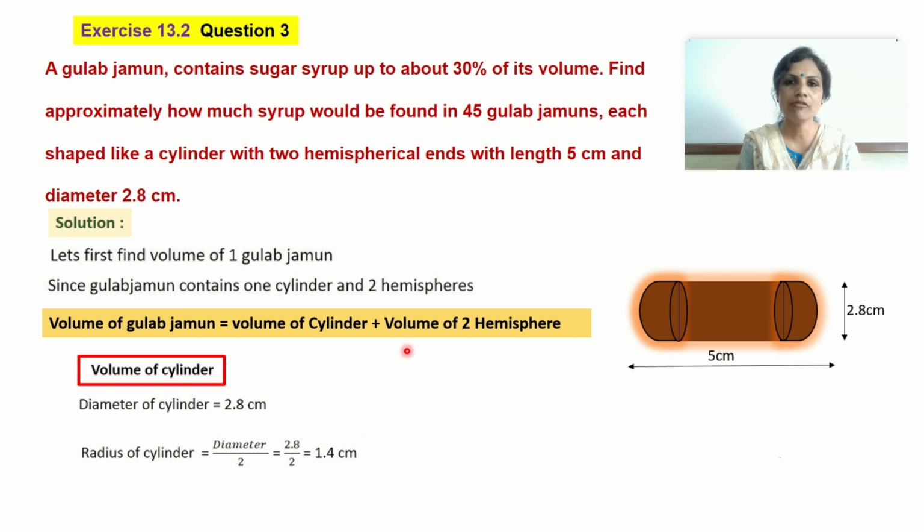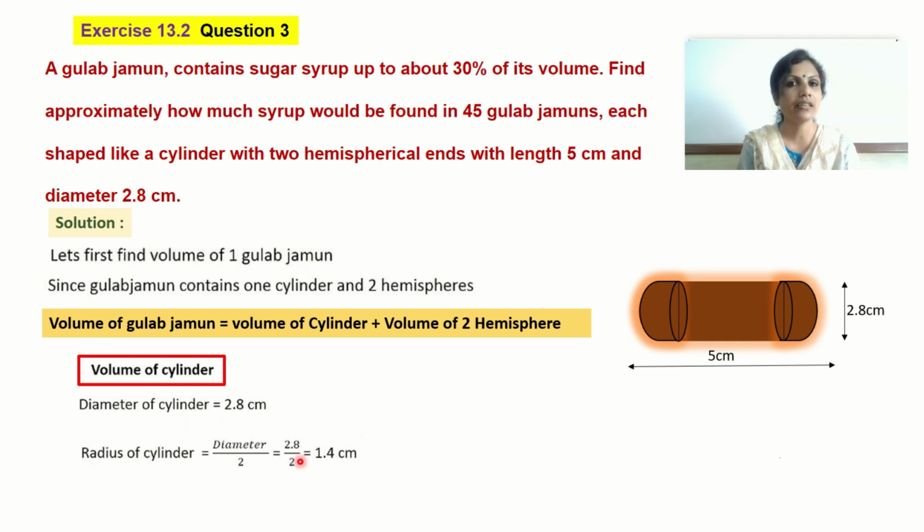Alright, once the formula is made, then just one by one you have to find the volumes, add it, and you will get the answer. So let's start with finding volume of a cylinder. So for cylinder, we will need the radius. We are given the diameter as 2.8.